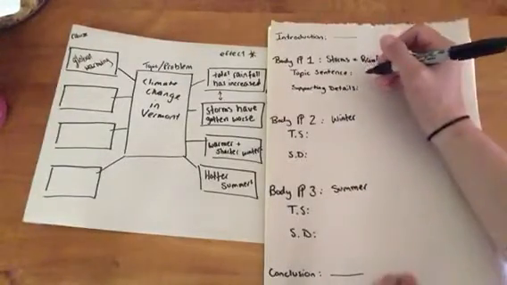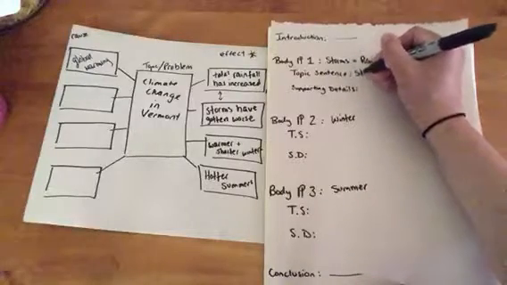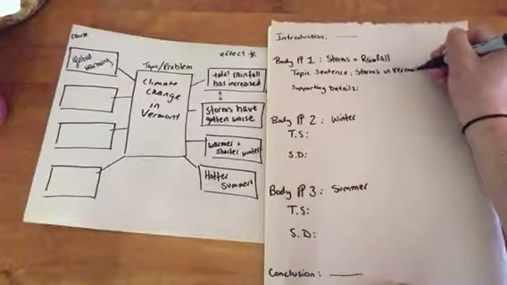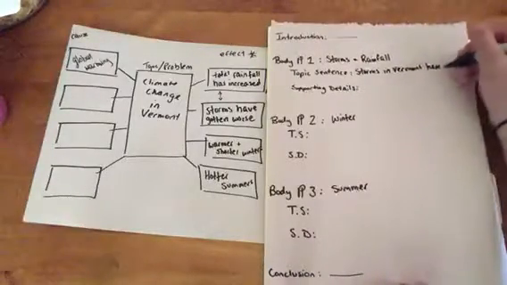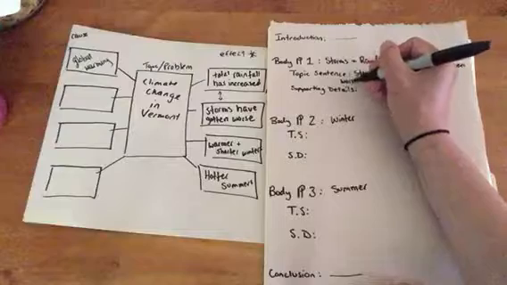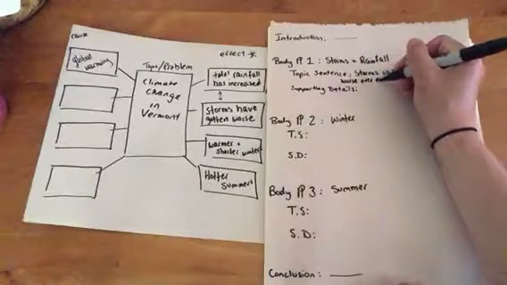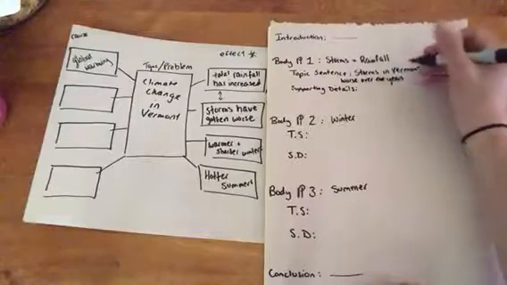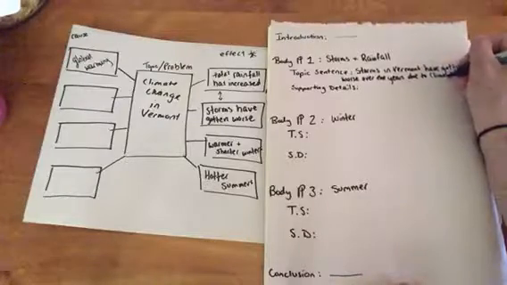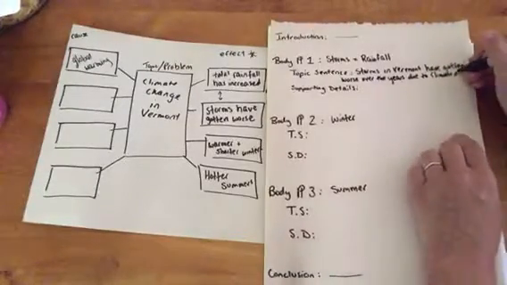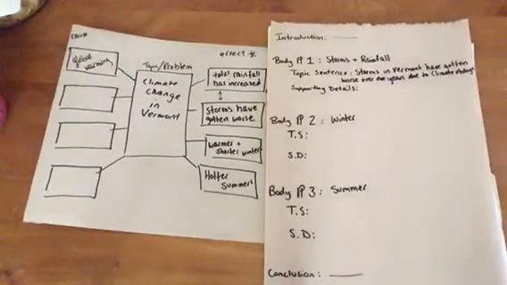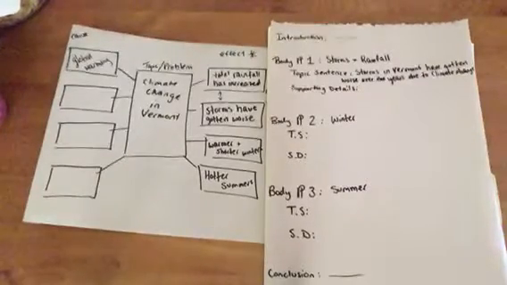So for my topic sentence, I'm going to say storms in Vermont have gotten worse over the years due to climate change.